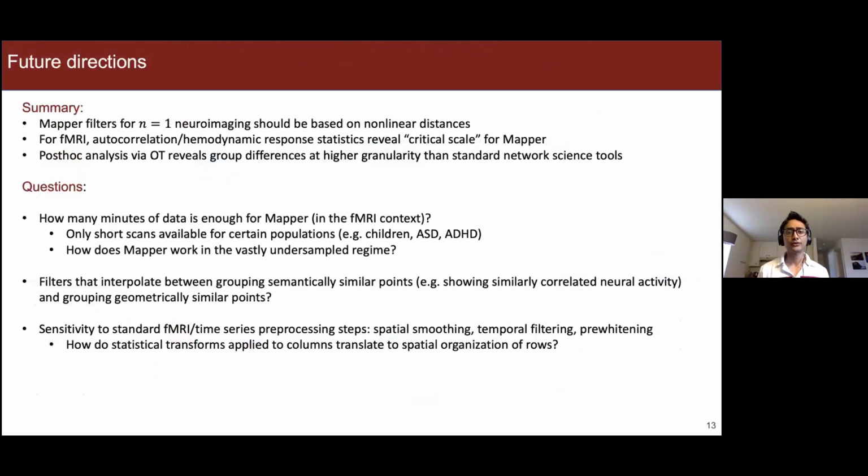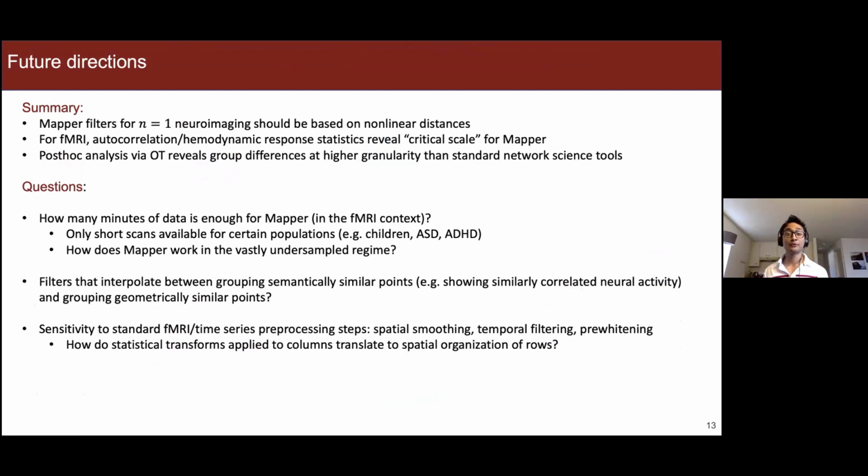Now to summarize, here's what we did essentially. Due to these empirical results, for neuroimaging, Mapper filters, whatever you make, should perhaps be based on nonlinear distances, or they should at least take advantage of these nonlinear distances.